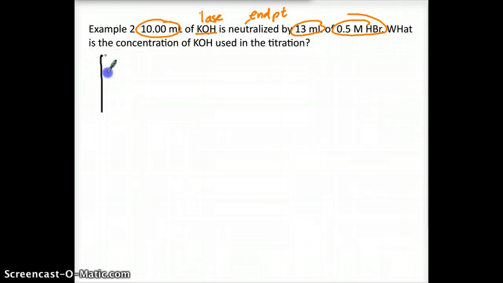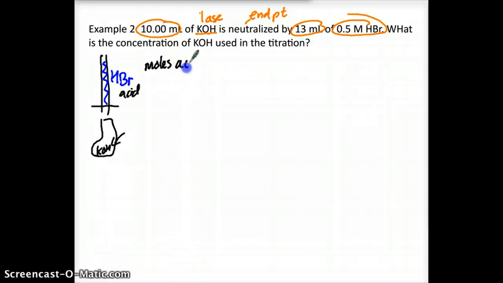We have HBr in our burette, and then in our flask, we have KOH. So this time we're titrating a base with an acid. But guess what? It doesn't matter, because we always know at the end point the same thing is true. The moles of acid always equal, I hope you know this by now, the moles of base.